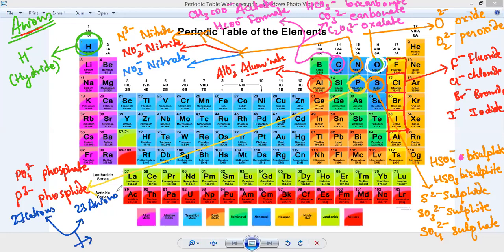Sir, can you repeat your question? If each of the cations forms a bond with each of the anions, then in total how many compounds will be formed? So it will be, sir, 12.